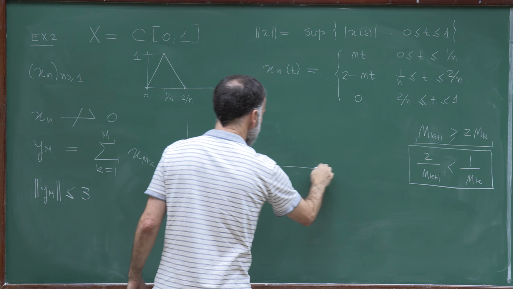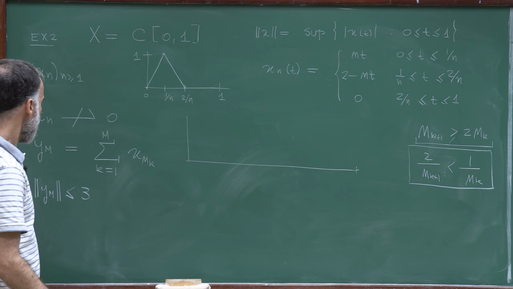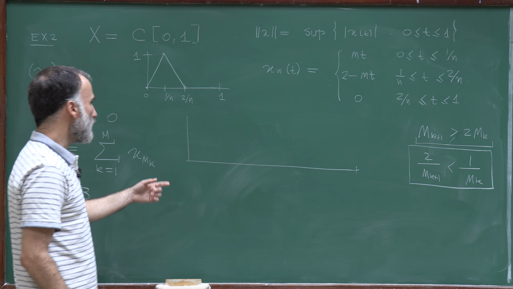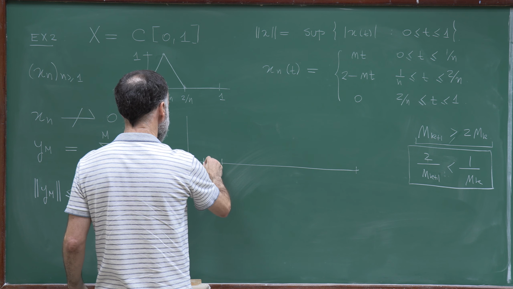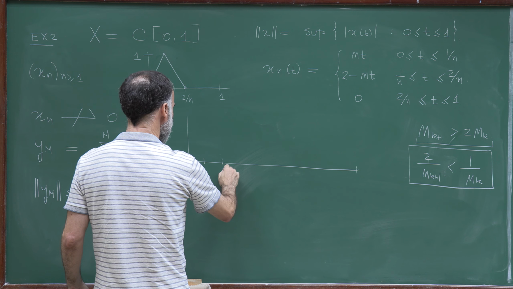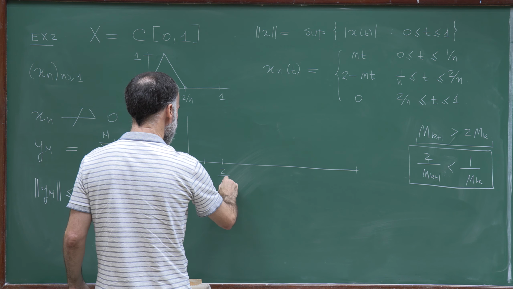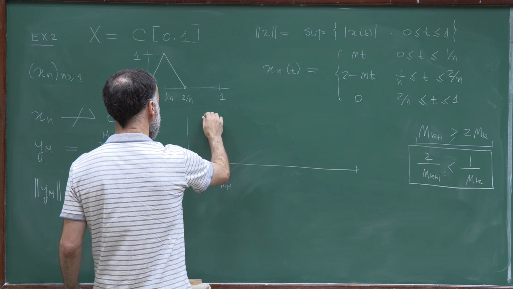So I'll draw a picture to convince you of that. Let me start with an m. Here is, let's say, 1 over an m, 2 times over an m, and this is 1.